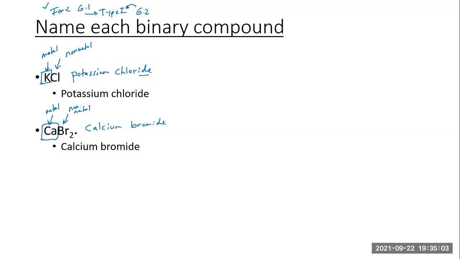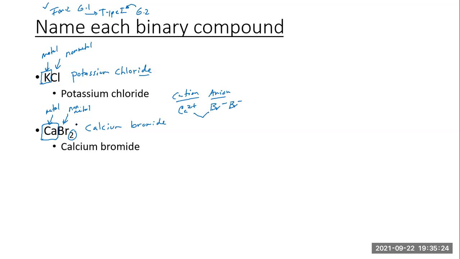Again, we see that there are 2 of them because it is a cation that is Ca2+ and an anion that is Br-. If we were to put these together, we need not one of these guys, but 2 of them.